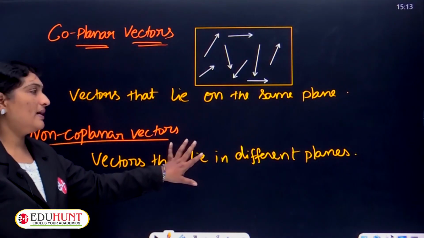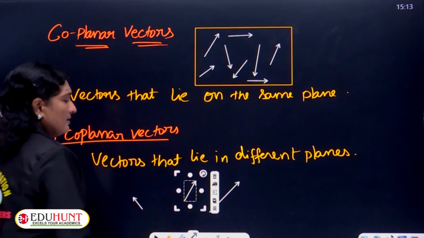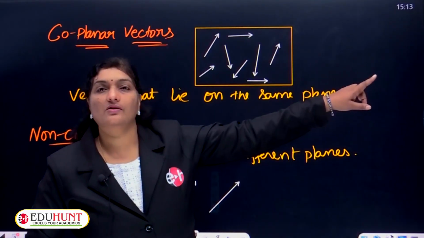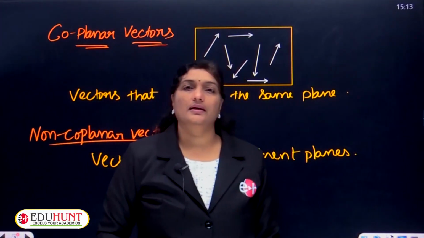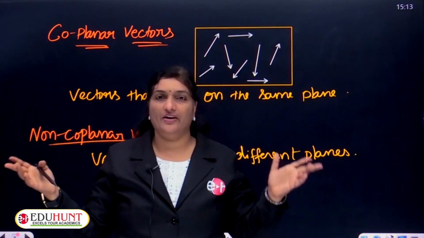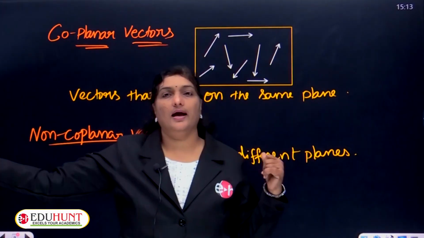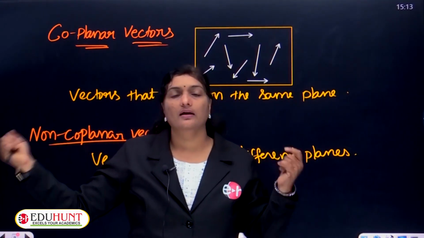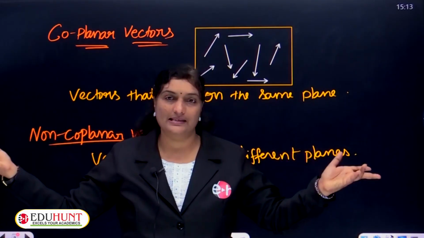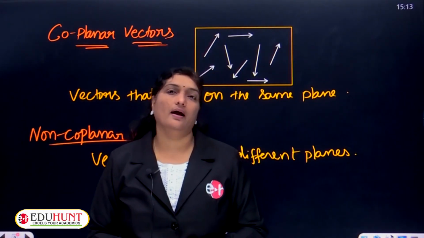Suppose you drew a few vectors here on this plane, some vectors on the floor, few vectors on the wall, few vectors on the ceiling. So we are drawing different vectors in different places. One is on the ceiling, one is on the floor, one is on the board, another is on this wall. So different vectors are lying on different planes. Those types of vectors are called non-coplanar vectors.